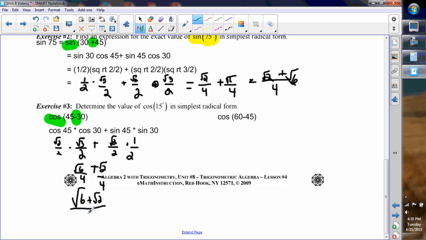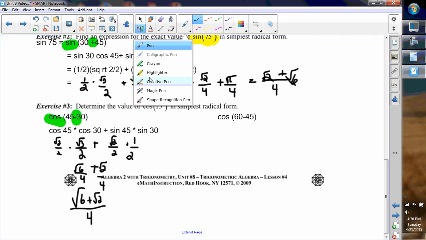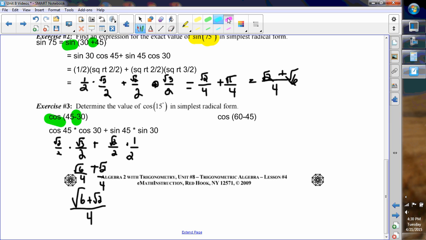Wait a minute, Mrs. Griffin. I could see some of your brains clicking here. Are you telling me that the answer to both of these questions is the same answer? So this answer is the same as this answer. And that's true.